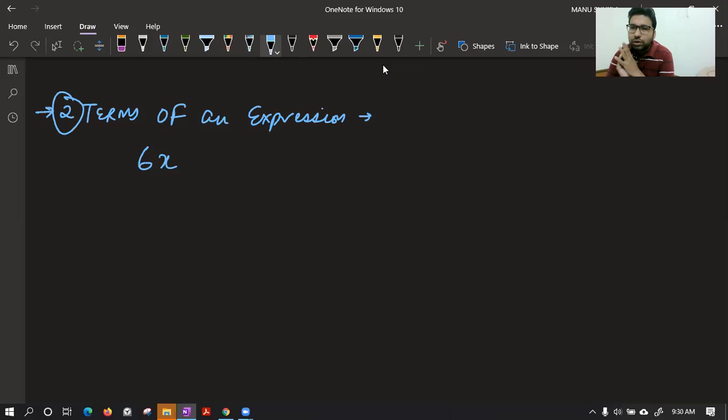Yes, Mokshita, you are correct. In this, there is only one term. It is only one term. If it was like this, 6x plus 2, then we can call it two terms. Try to understand. This is one term. This is the second term. Like that.